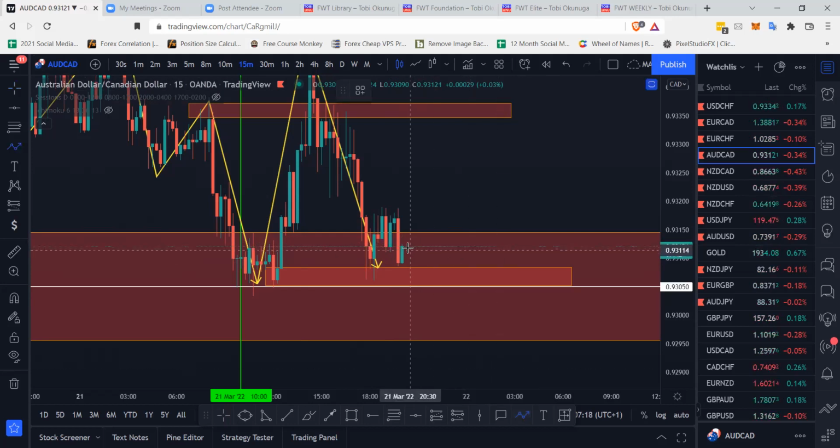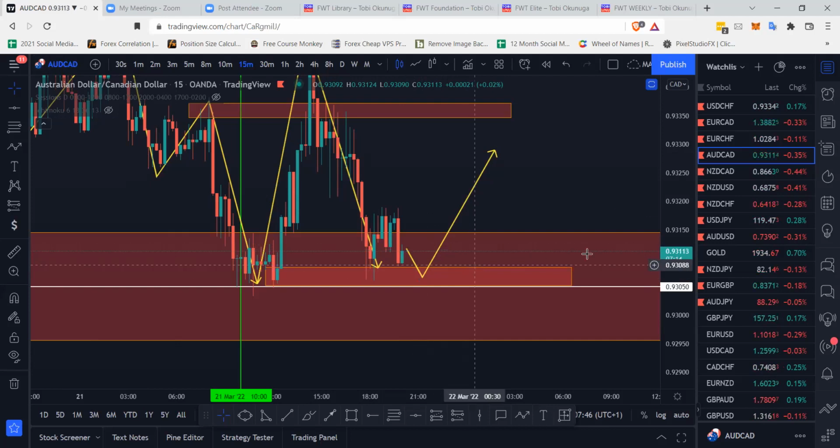I believe that price will come back into the zone tomorrow and then take entry. You have already missed the buy entry. So to get a second entry, you want to wait for price to come back into the zone. You can take entry from the first line. That's tomorrow, in the New Zealand session, the Sydney session, or New York session, when price comes back into the zone.